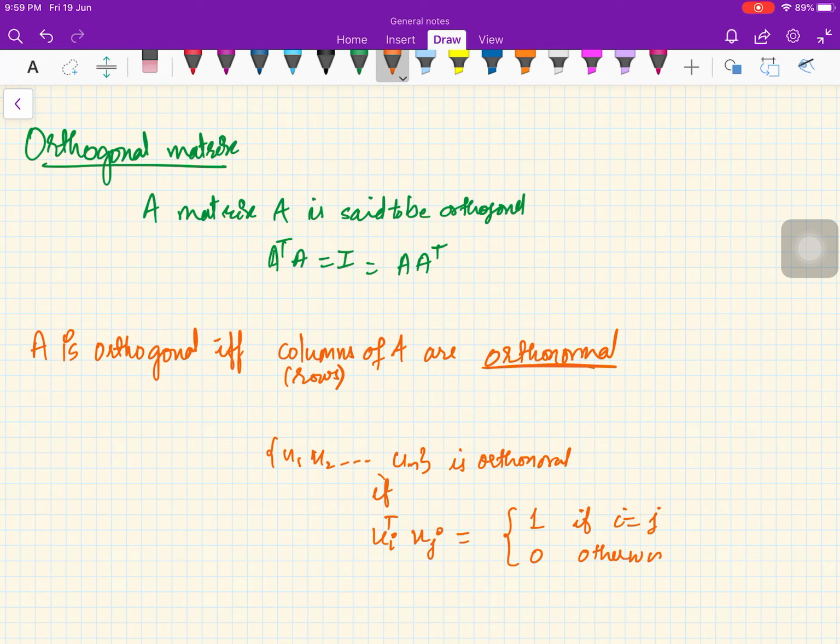It means that the length of each vector is 1, and mutually they are perpendicular, orthogonal. That set is called orthonormal. We'll discuss these things in detail when we study inner product spaces, but right now, because we need it, I'm just giving you the definitions.